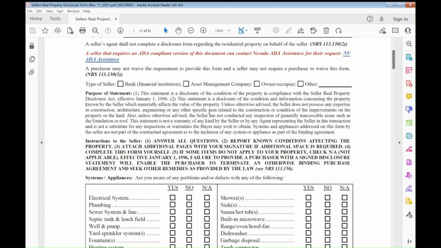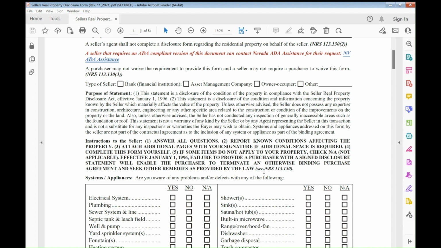This does not indicate that the seller has any expertise in construction, architecture, engineering, or how the home was built. This is more of what they do know and are aware of that is not working properly or has a condition that could affect the value or the conveying of the property.